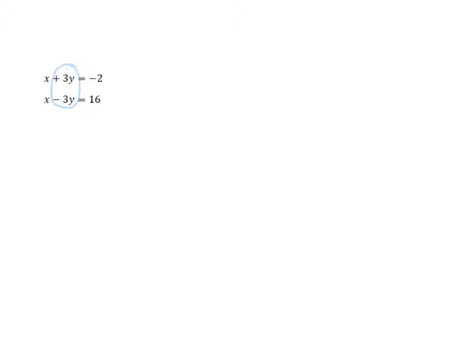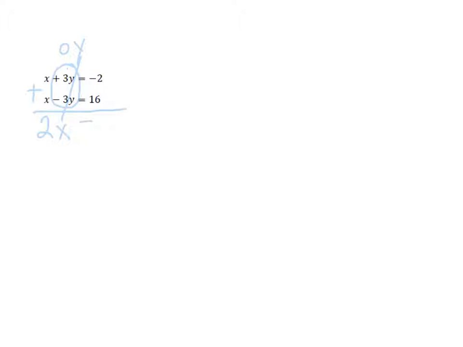If we add these two equations together, I'm going to put a plus sign and write an equal sign underneath. A positive 3y and a negative 3y cancel to give us 0y, so I don't need that anymore. What do I get when I add x plus x? I get 2x. My y's canceled.